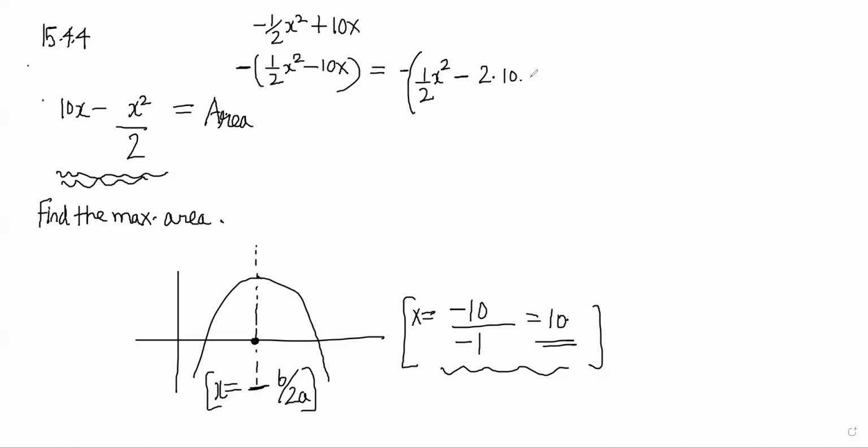Okay, yeah. So 1 half x squared minus 10x plus 50 is equal to 1 over root 2 x minus 10 over root 2 whole square.